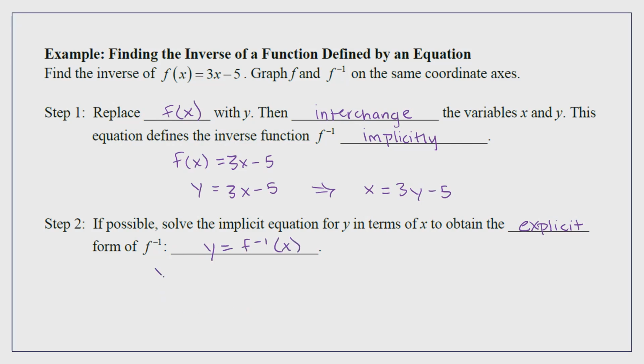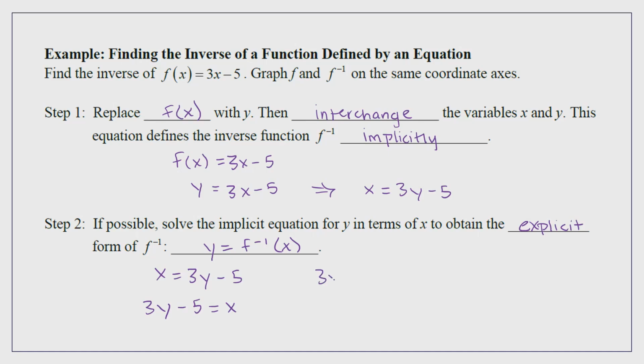Okay, so we'll take our implicit equation and now we want to solve for y. Let's see, I'm going to switch my side so I have x on the right hand side. So then I have y on the left hand side.